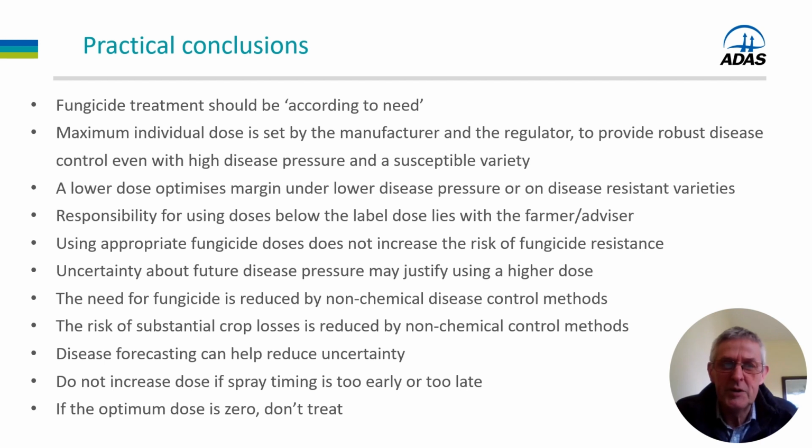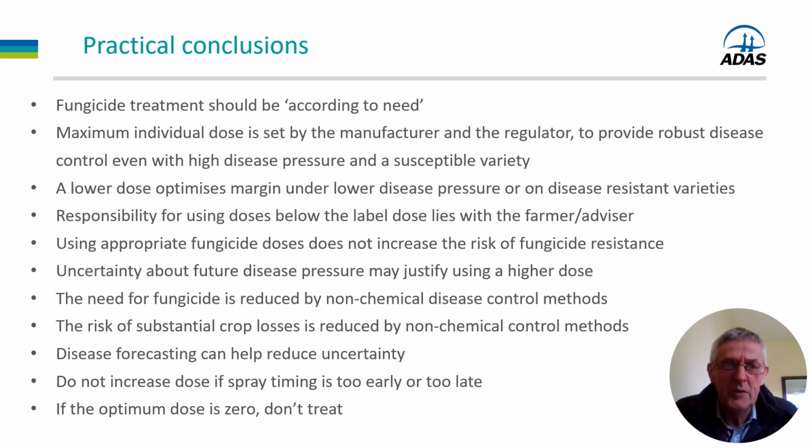A lower dose optimizes the margin under lower disease pressure or on disease-resistant varieties. An important caveat to this is that if you choose to reduce the dose below that specified on the label, then you are taking responsibility for the efficacy of that treatment.